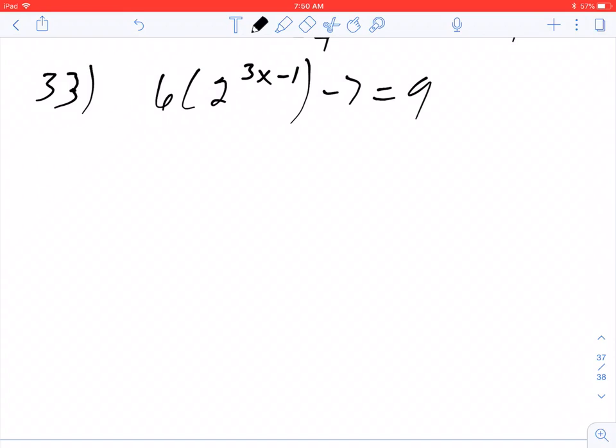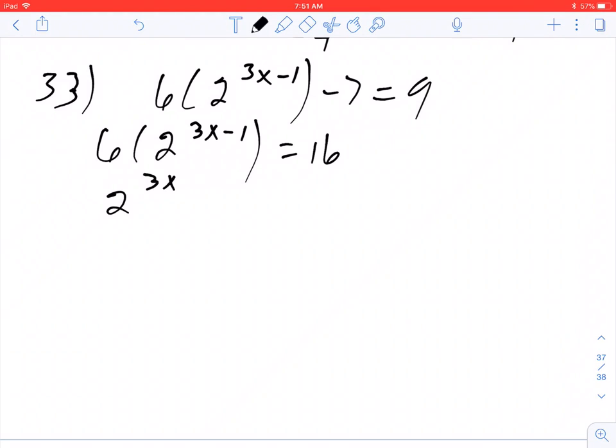We're going to start by adding 7 to both sides, so you're going to have 6 times 2 to the 3x minus 1 equals 16. Then we're going to divide both sides by 6. That'll be 16 over 6. Now 16 over 6 will reduce to 8 over 3, which is what I'm going to do next.